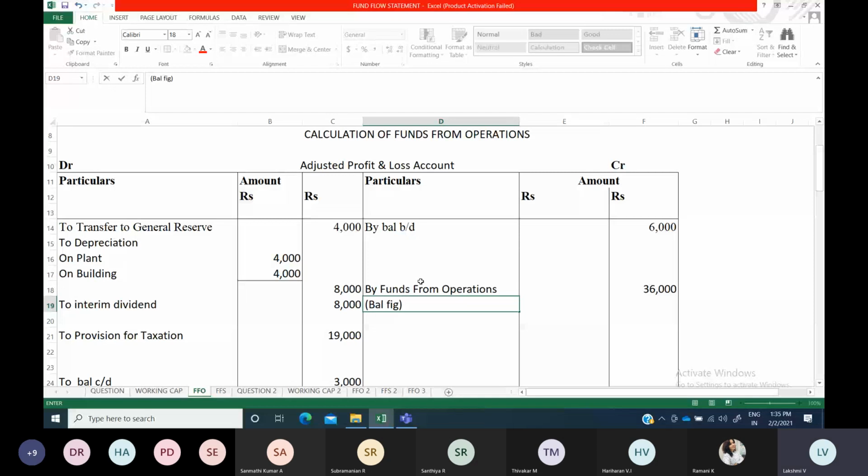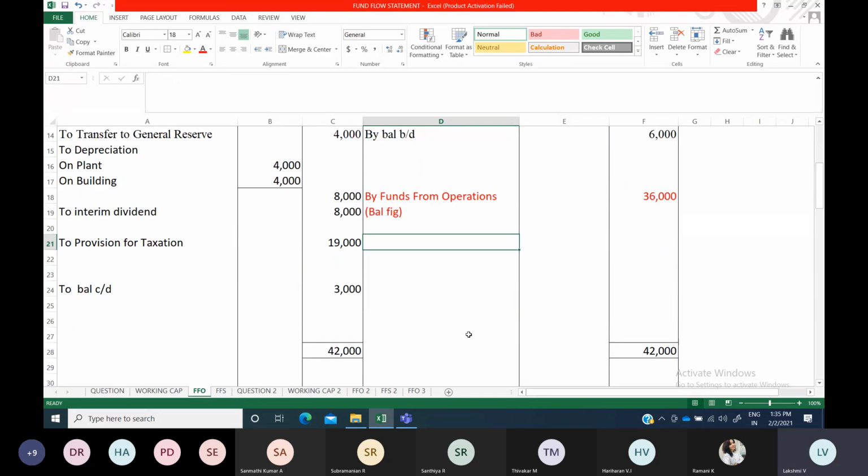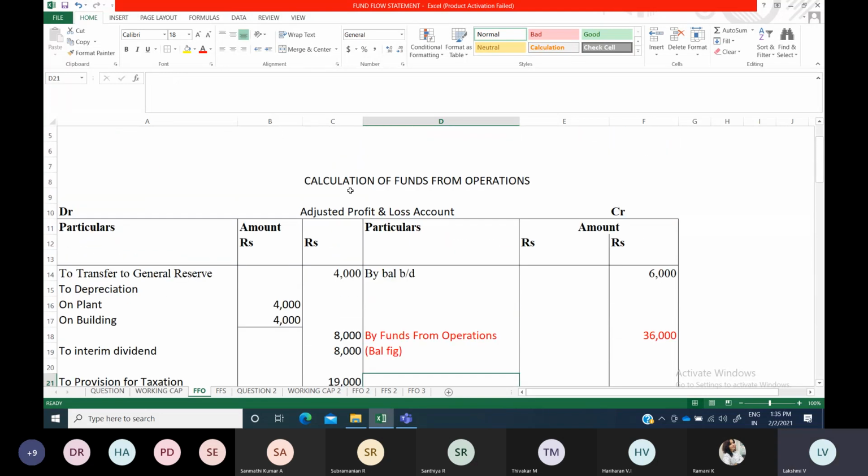This is your answer till now. You can highlight the answers. Okay, so like this only you have to prepare the adjusted P&L account. Adjusted P&L account or statement method, as per the question only you will be following.